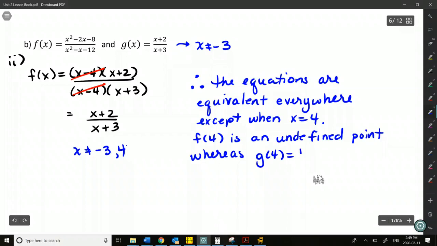Okay, g at 4 simply equals 4 plus 2 over 4 plus 3, so it equals 6 over 7. So g at 4 is defined, but f at 4 is undefined.